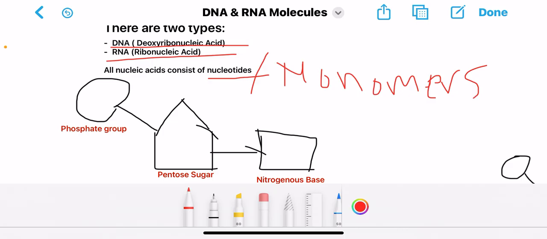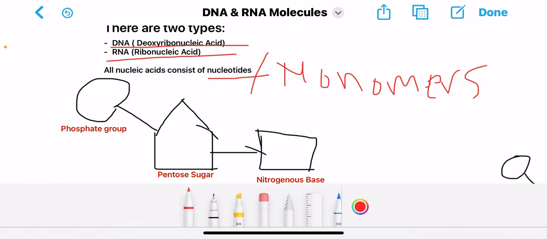Now, what are monomers or nucleotides? They are the building blocks of what? Of the DNA molecule. Building blocks consisting of what? Sugar, nitrogenous base, and what? And phosphate.